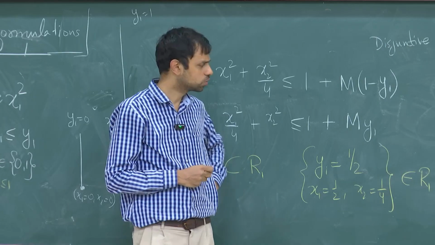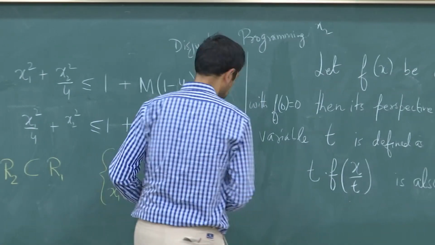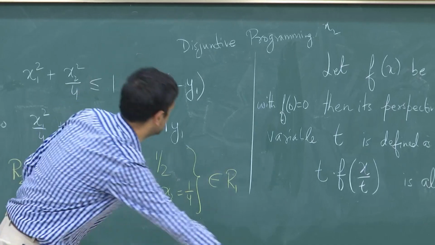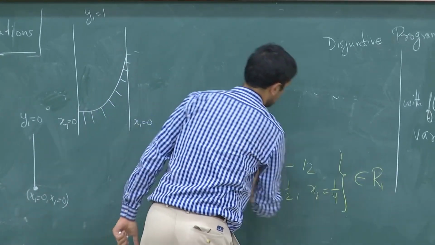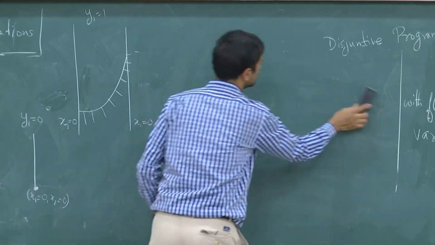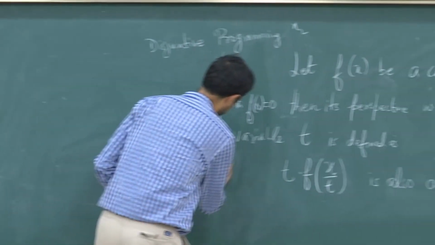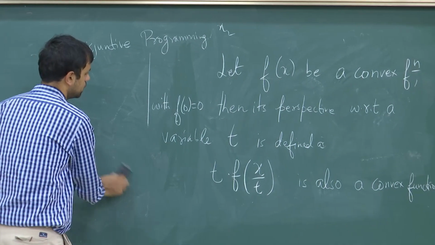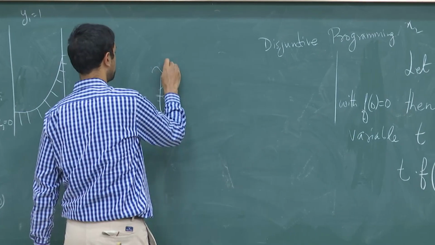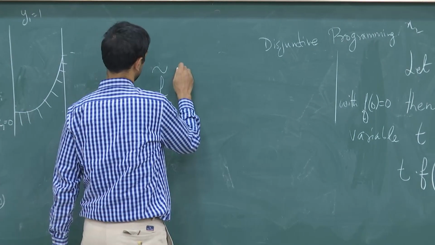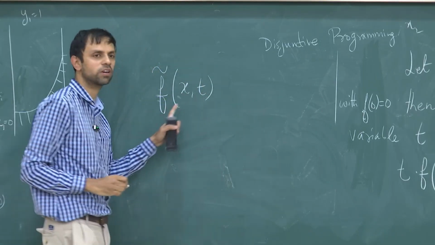So usually the statement is that this perspective function, let's say f tilde, is now a function of two variables, not just one.